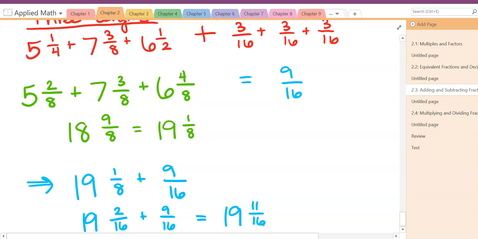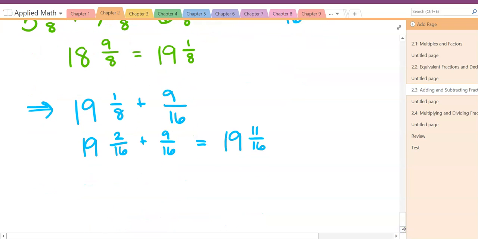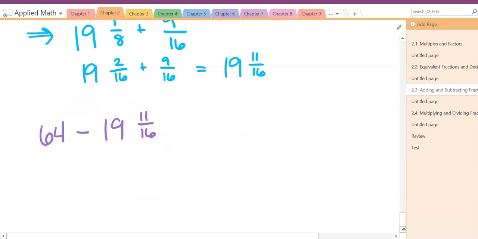Okay, now the problem's asking though how much remains. How much did we start with? 64. So we're going to take 64 and subtract the 19 and 11/16. If you need to, change 64 so that it says 63 and 16/16 so that you can subtract and not have to deal with a negative here.